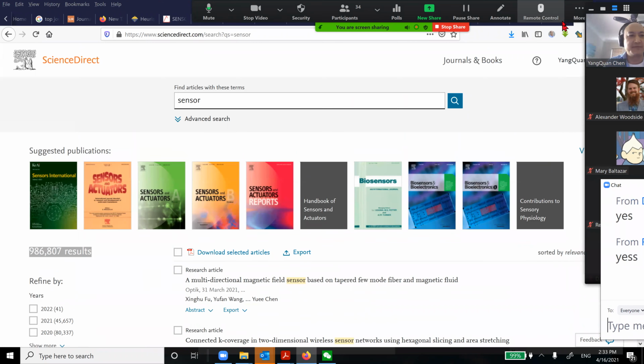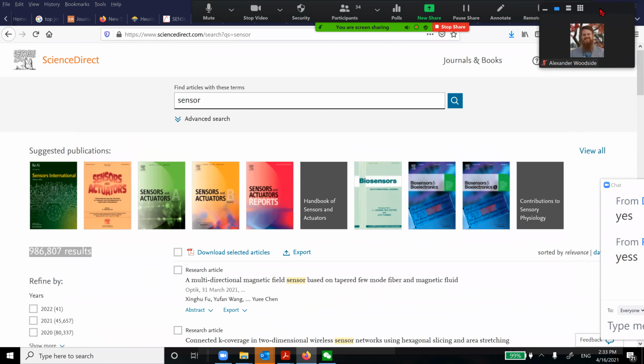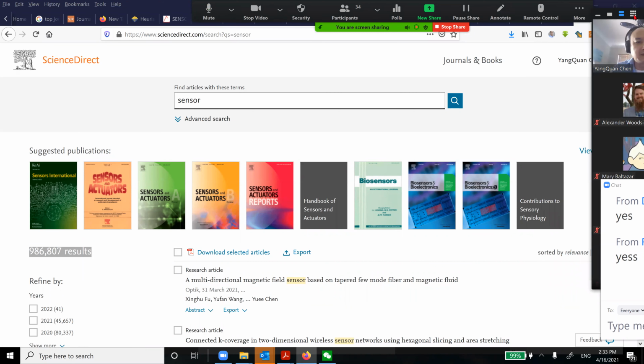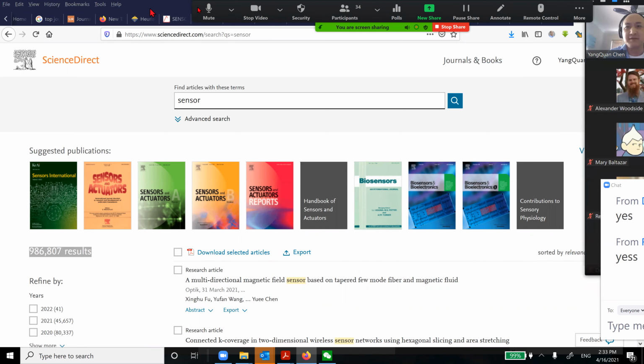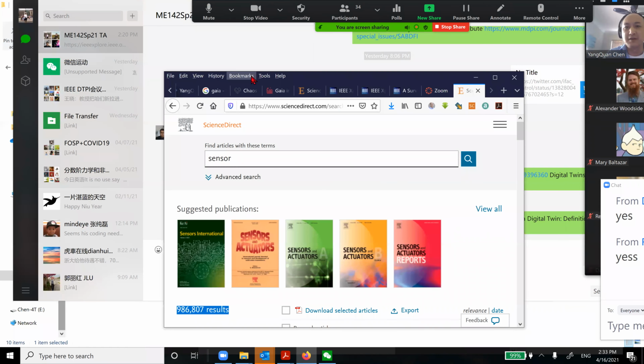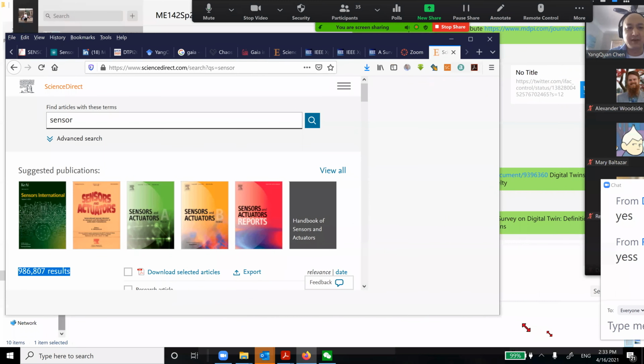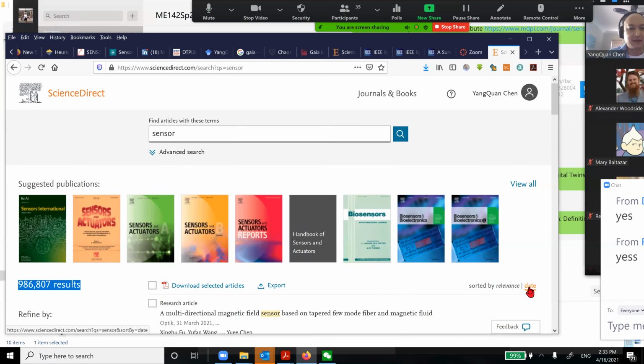From here, you can also sort by relevance. You can also sort it by date, okay?